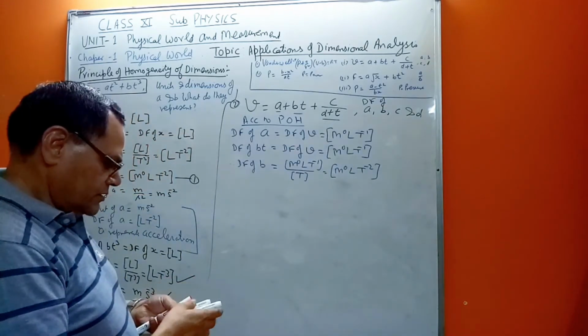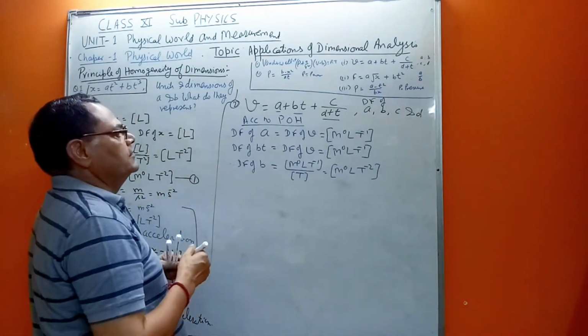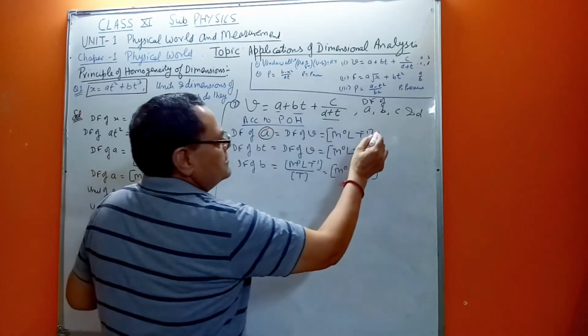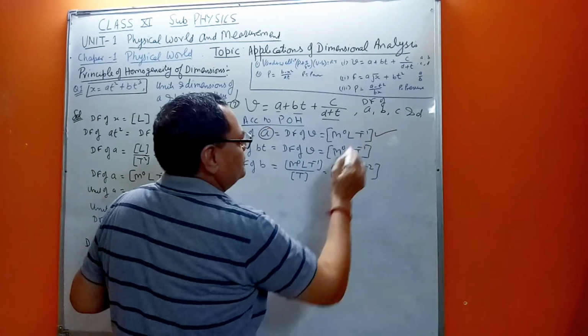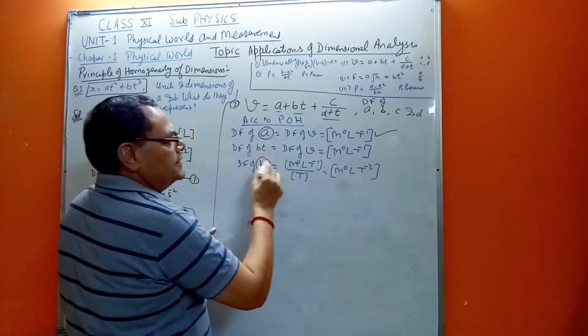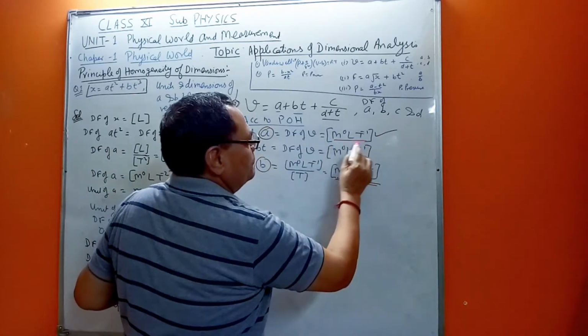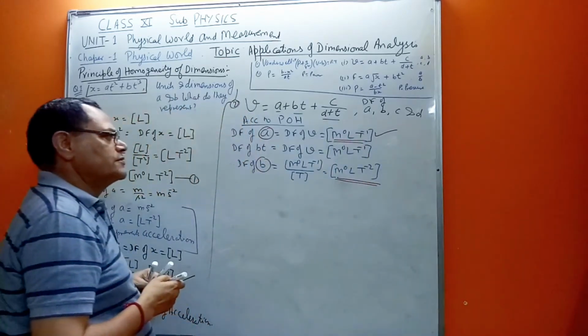So we got the dimension of a, the first one, and the dimension of b is M^0 L T^-2.